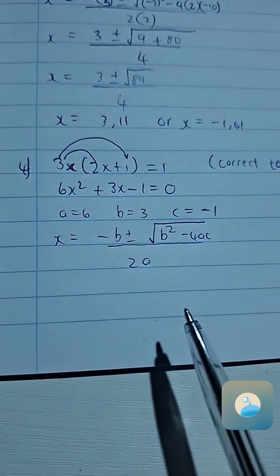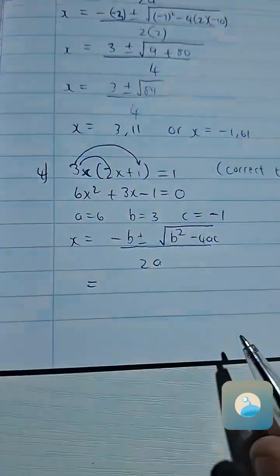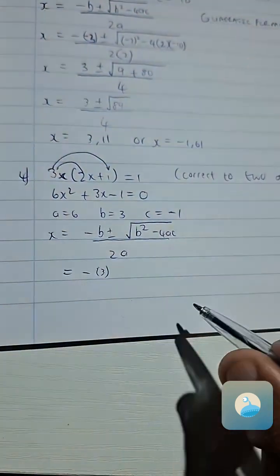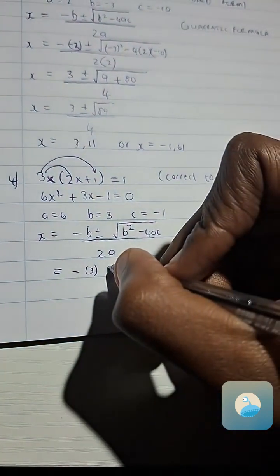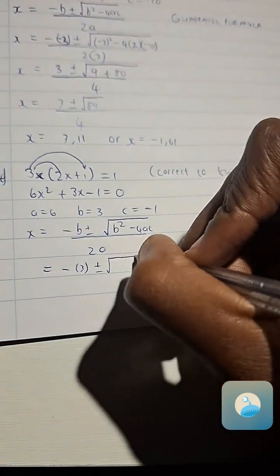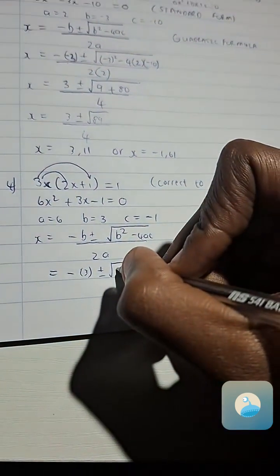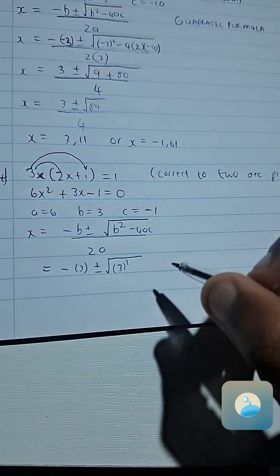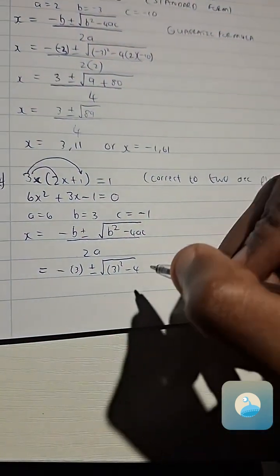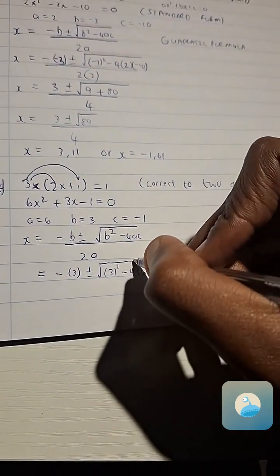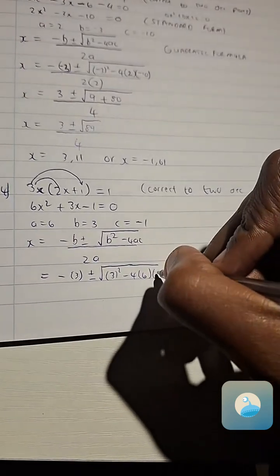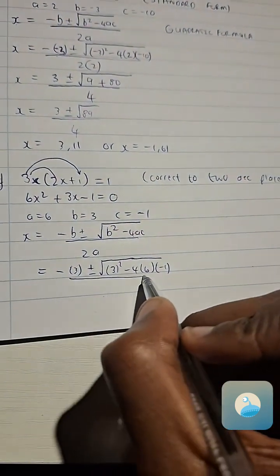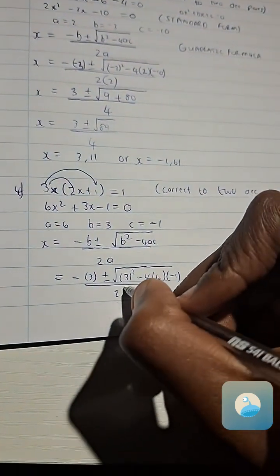Okay. So x is equal to negative 3 plus or minus the square root of the bracket 3 squared minus 4 multiplied by 6 times negative 1, over 2 multiplied by 6.